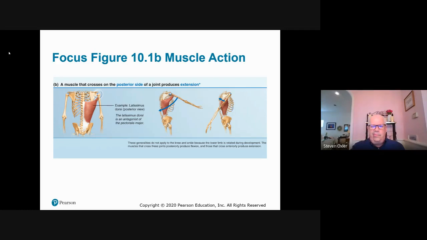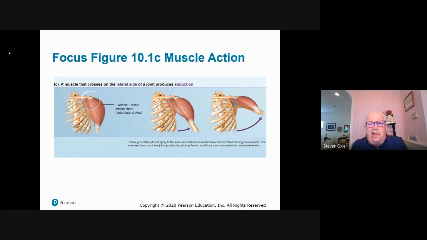All right? Now, what if the muscle is on the lateral side of the joint? If the muscle is on the lateral side of the joint, it produces what we call abduction. It makes the arm or the leg go away from the body. And that's what your deltoids are there for, to move the arm away from the body, and that is on the lateral side of the joint.